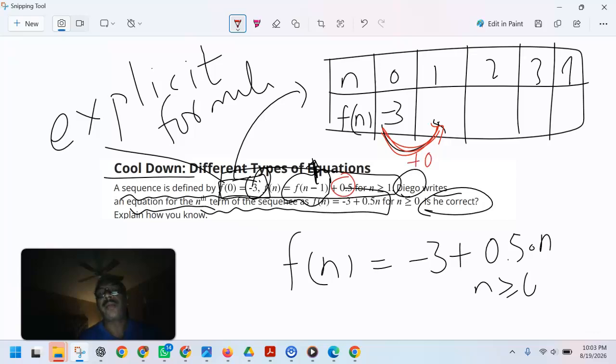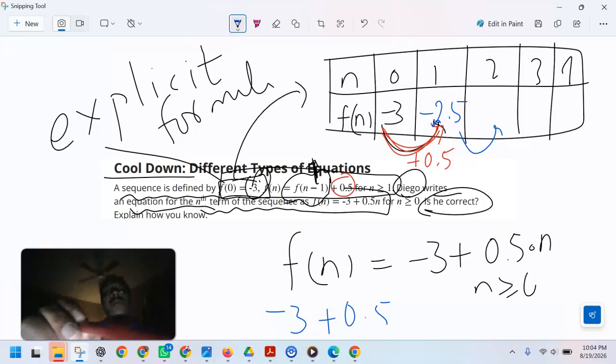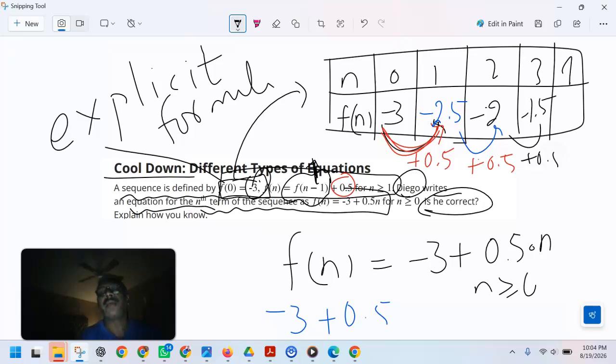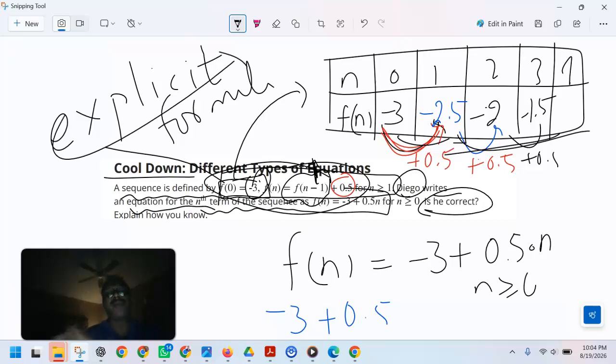When you do this, minus 3 plus 0.5 will be minus 2.5, and then again you add 0.5. That will make it minus 2. Then again add 0.5. That will be minus 1.5.